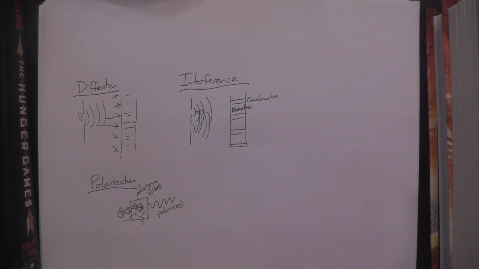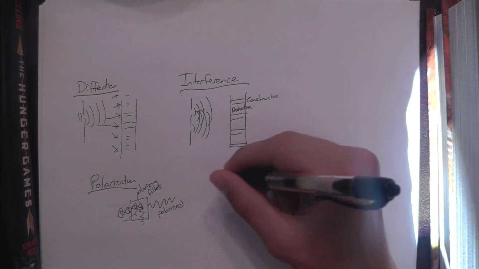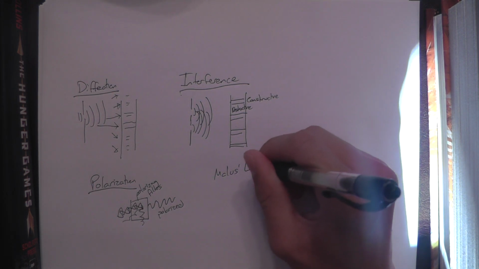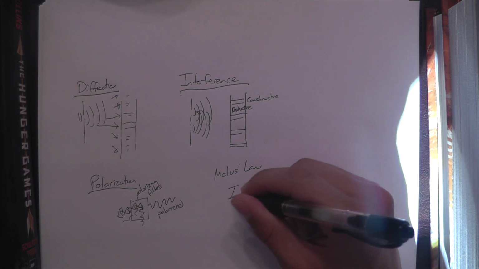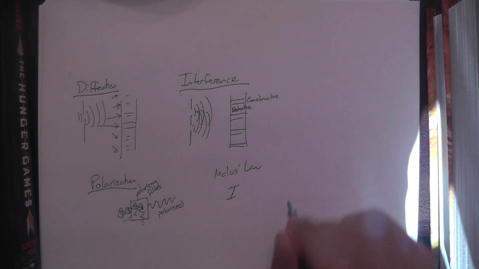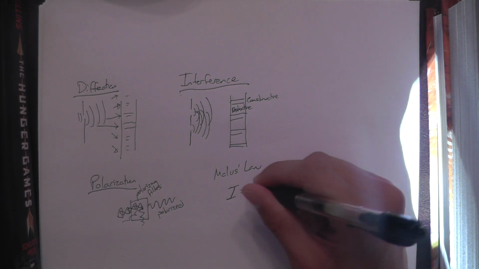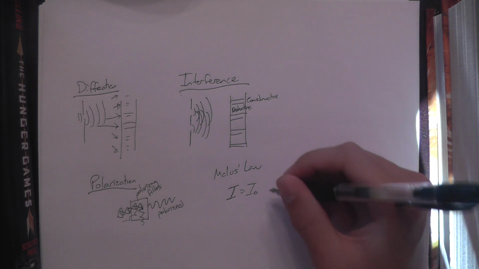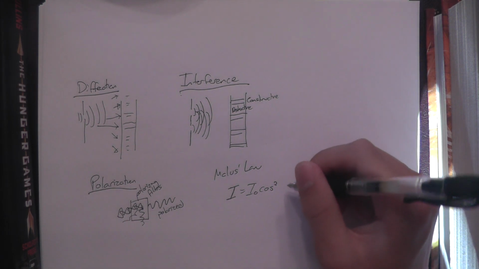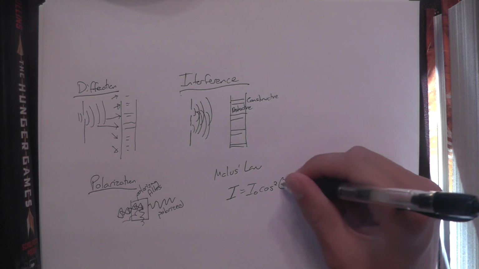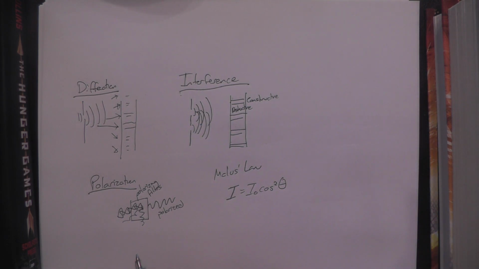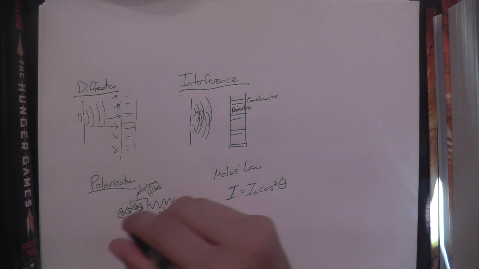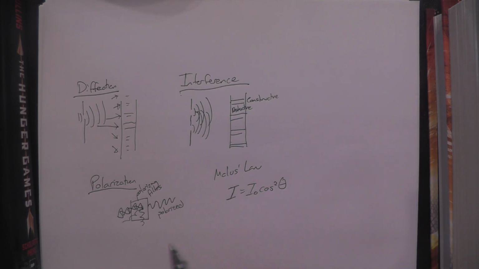Well, the new intensity of this light is calculated by something known as Malus's law, which is that the intensity of the new polarized light equals the initial intensity of the light multiplied by the square cosine of the angle between the original light and the new polarized light. What? You ask, what does that mean?